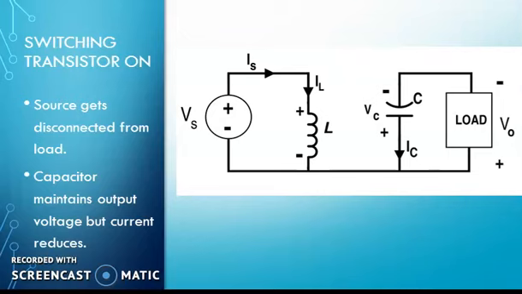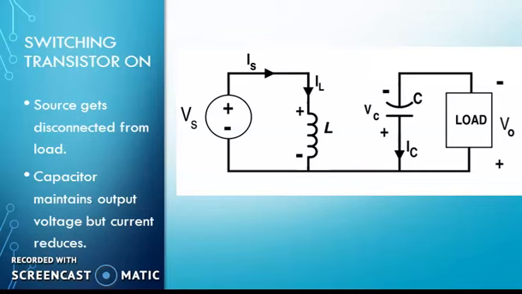When the switching transistor is on, the source is isolated from the load as the diode is open. The source is disconnected from the load, and the capacitor tries to maintain the output voltage as the capacitor is already charged.